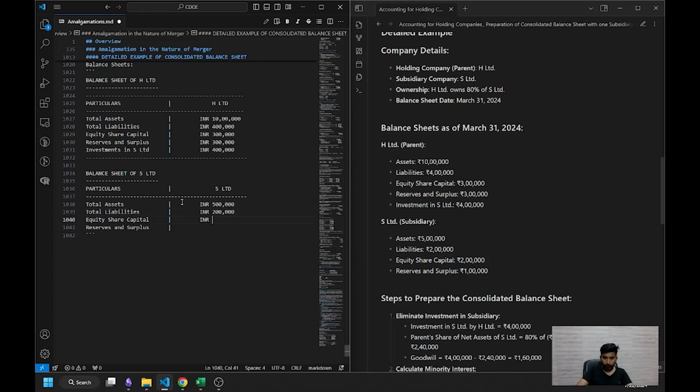The equity share capital is given as rupees 2 lakhs. And the reserves and surplus are given as 1 lakh. And this is pretty much it. Okay.